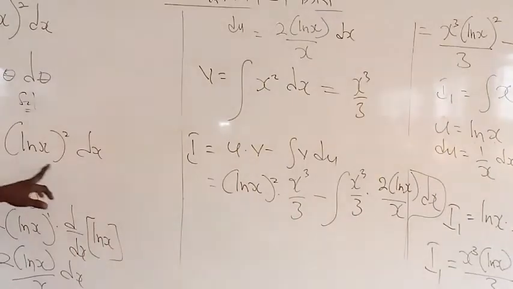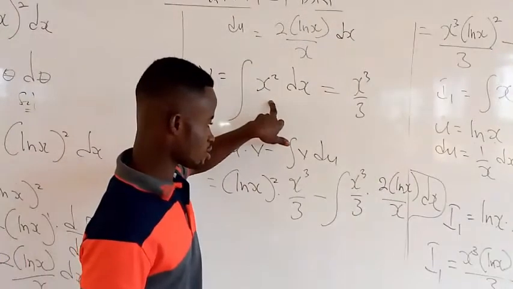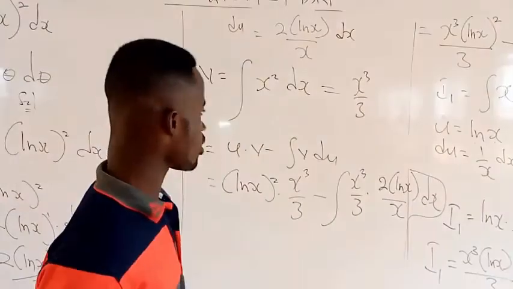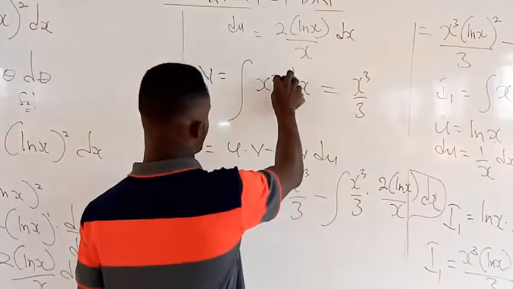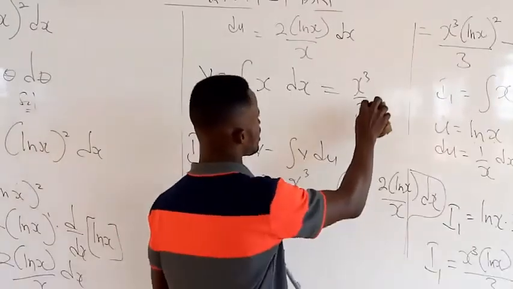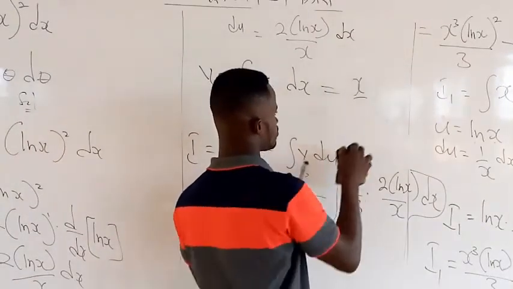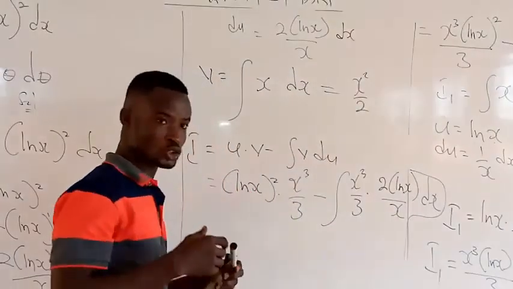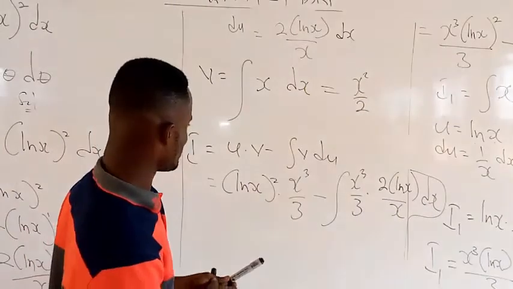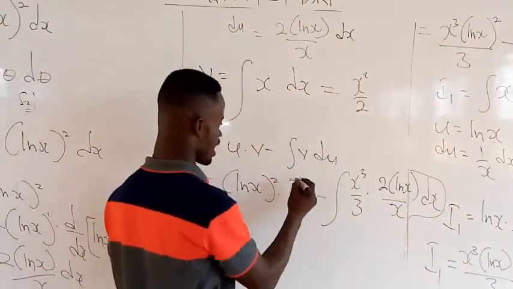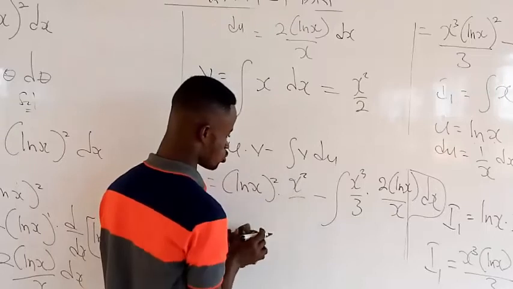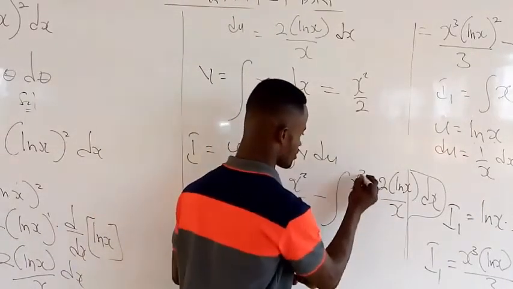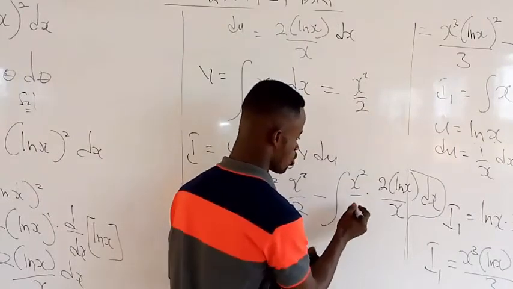It's just s, not s squared. But don't worry. If here is s, here is going to be s squared over 2.